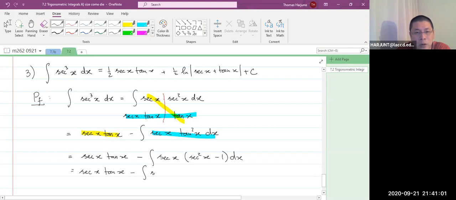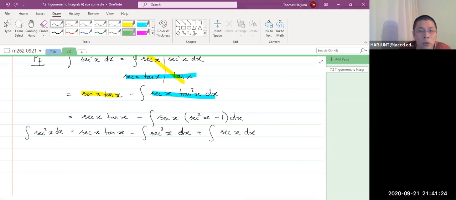Minus integral of secant cube x dx plus integral of secant x dx. Now notice that on the left hand side is our I, integral of secant cube x. So I will move this term to the left.